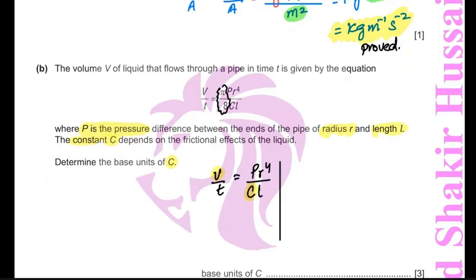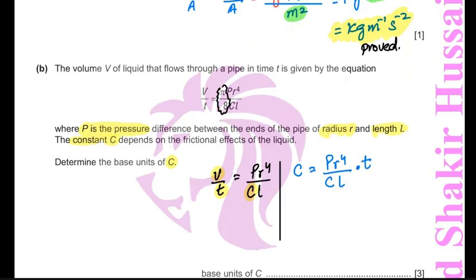It will become C equals P r power 4 over V over t, and when you take this t to the other side, it will be multiplied there. So P r power 4 into t.